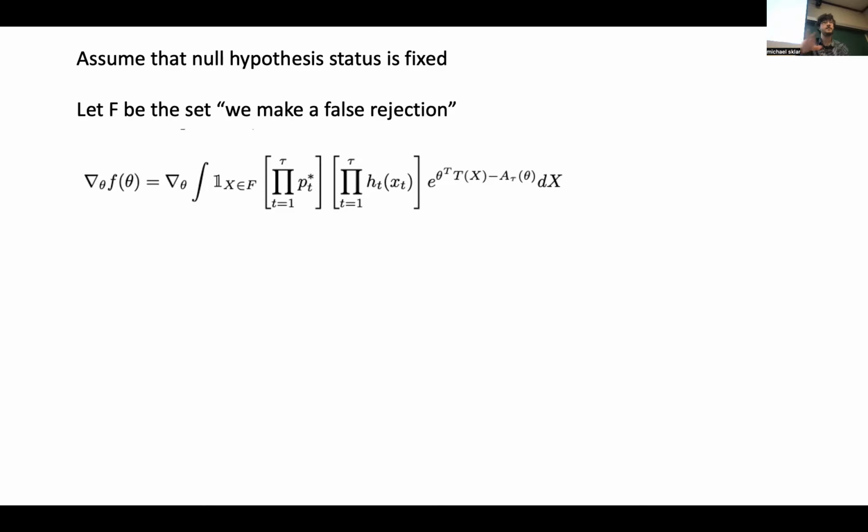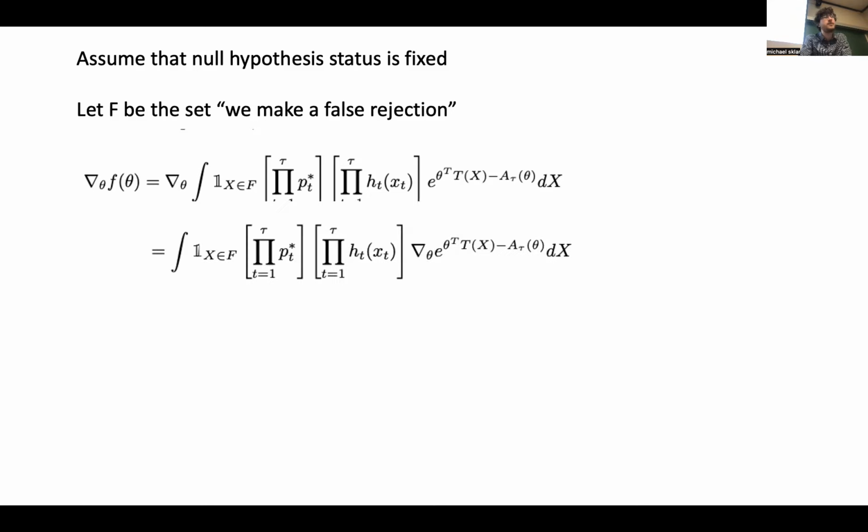There are still things you can do if that is happening. We're not going to worry about that though. We're going to say right now that this set F, given a fixed intersection hypothesis, describes the set of false rejections. So it now depends only on the data that we observe.